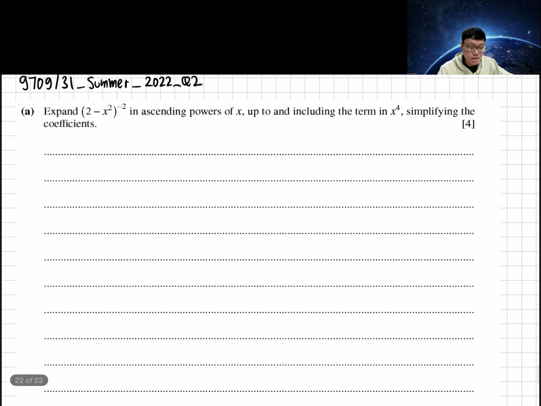Moving on to the next question. Here we have the expansion of (2 minus x squared) exponent minus 2. And we want to expand that until you reach x exponent 4. Now, this is a negative power, and we can once again use the formula of (1 + x) exponent n, but once again, this is not 1, so you have to take out the 2. So let's take out the 2 first.